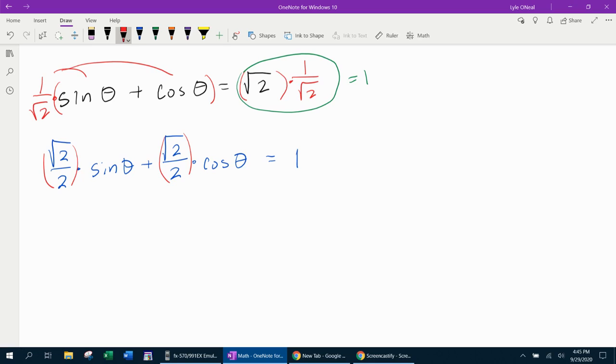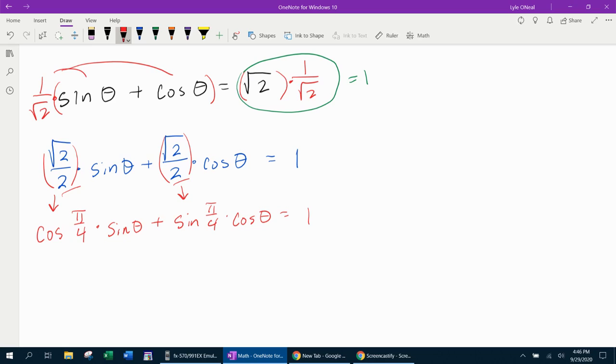So let's say that this is cosine of pi over 4, and this one gets replaced with sine of pi over 4. Because at 45 degrees, which is pi over 4, the x and the y coordinate are both square root of 2 over 2. So then I can make these substitutions because those are equivalent.